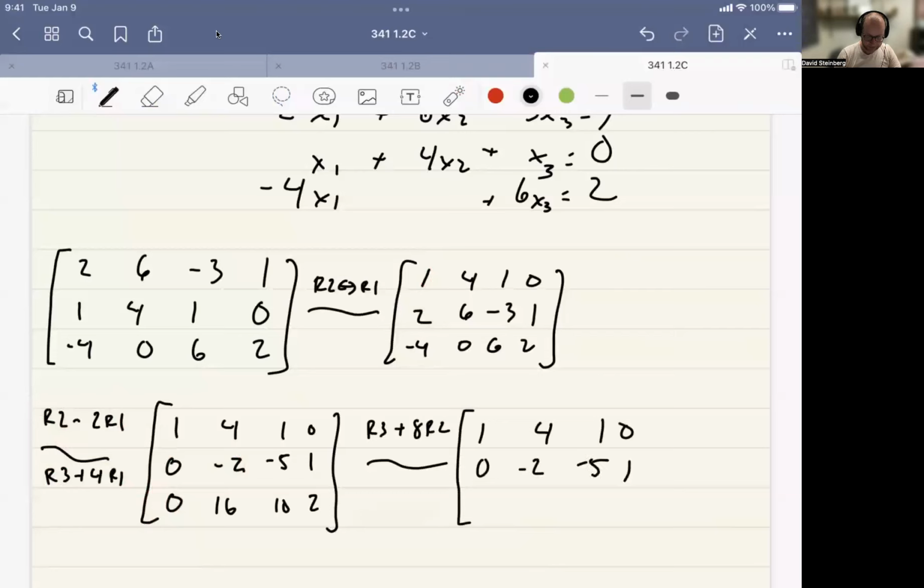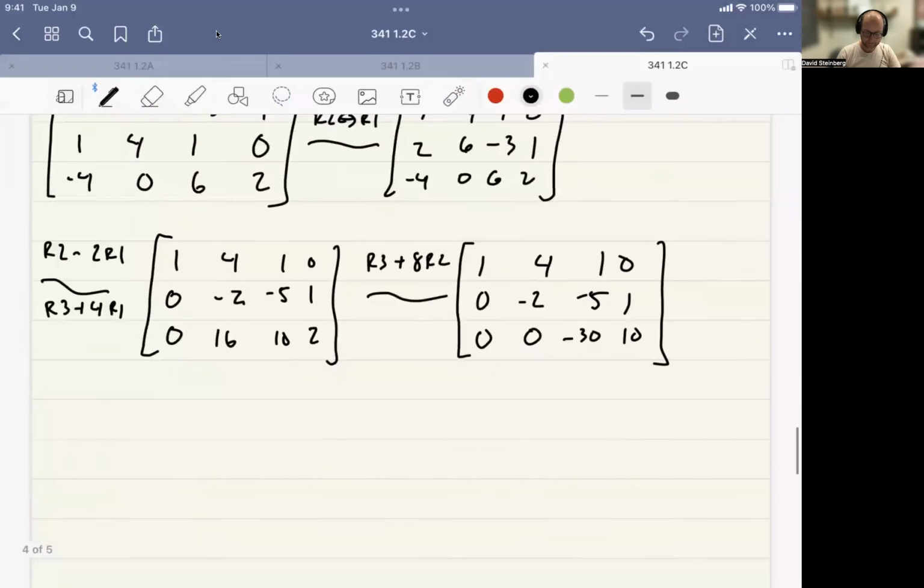And our row 3 becomes 0, 0. Let's see, 10 minus 40 is -30. And 2 minus 8, sorry, 2 plus 8 is 10. Yeah, great. Okay, so now we have our echelon form. Nice cascade from right to left with zeros beneath.